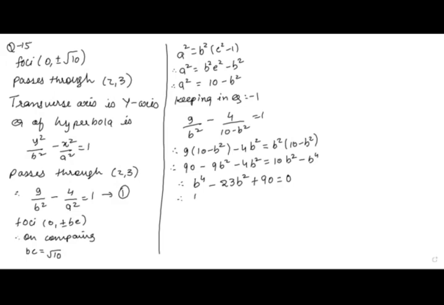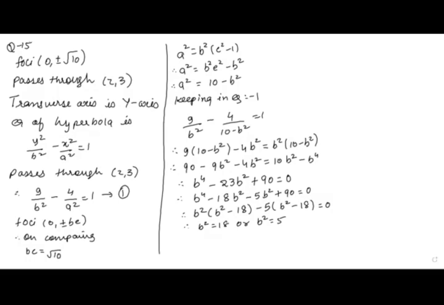So 18 fives are 90, and 18 plus 5 will give me 23. Therefore the value of b square is either 18 or the value of b square is 5.